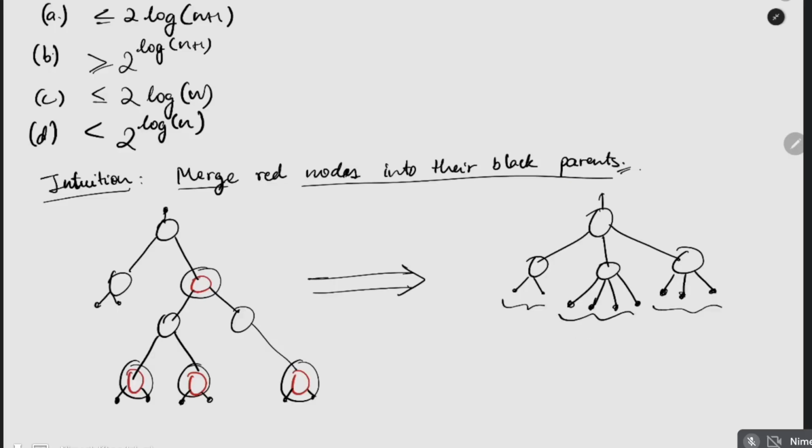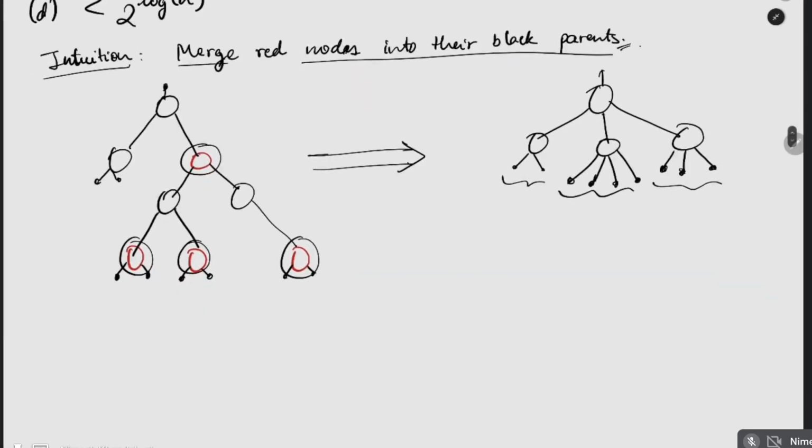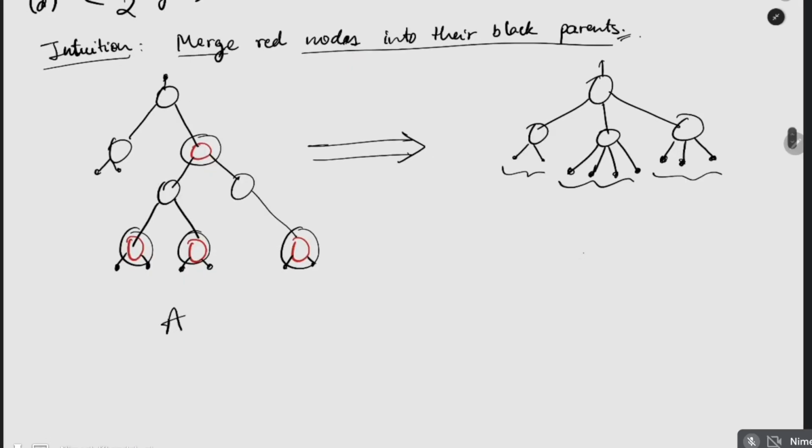So it has either two or three or four children. It can only have a maximum of those kinds of numbers. So let's say this is tree A, this is tree B.